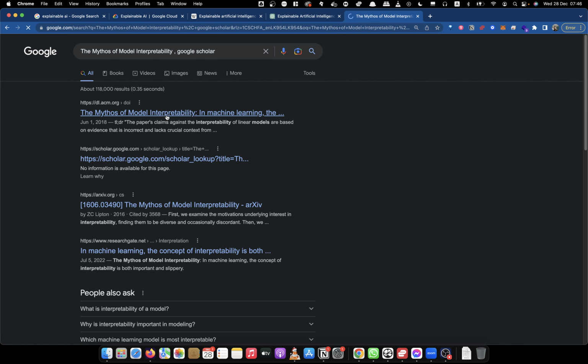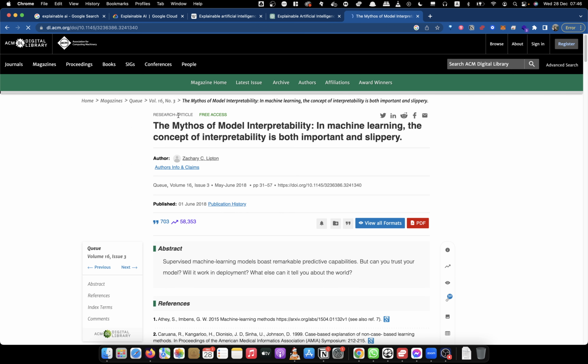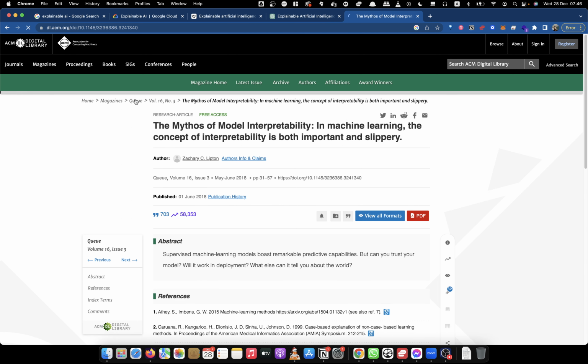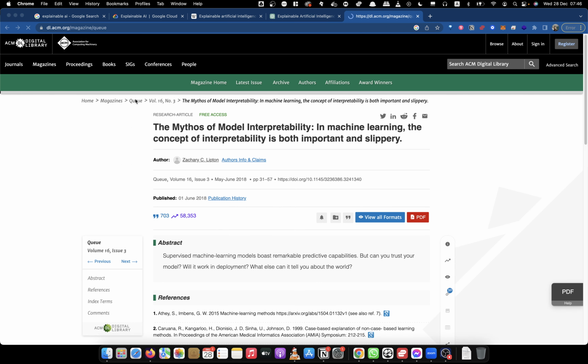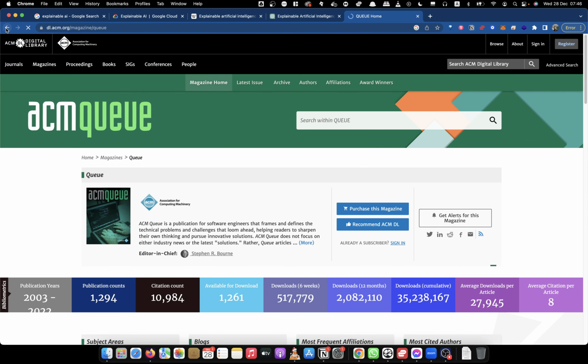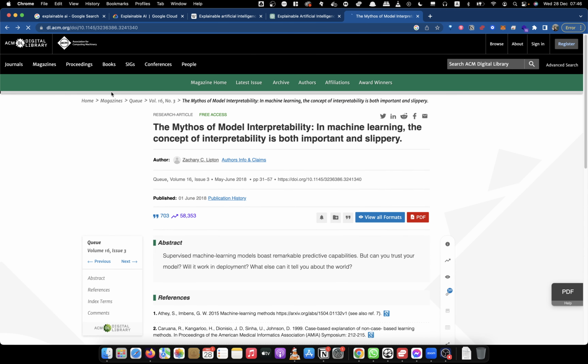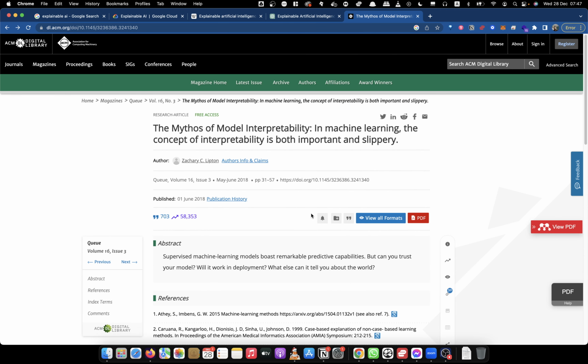Yeah, so you can find the paper here. Not a big problem at ACM. So it's in this magazine called Queue, which is kind of a famous magazine. Where it's published, whether it's a conference or a journal, is always important to understand.